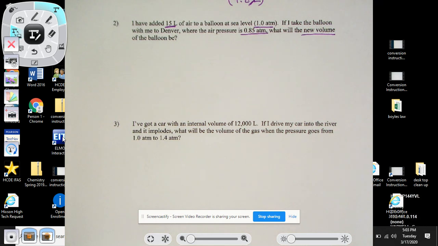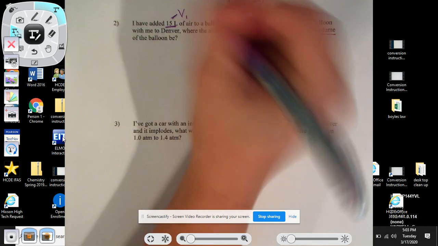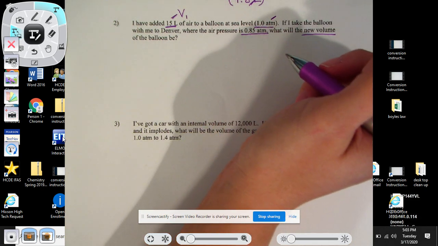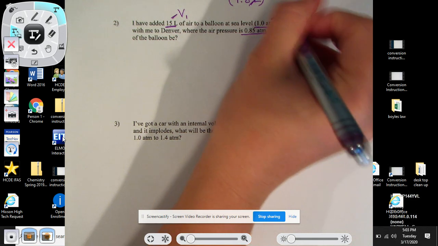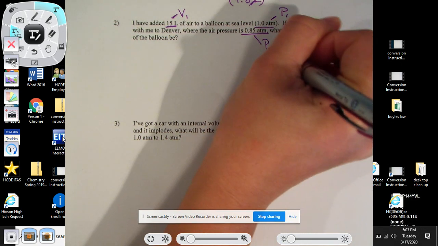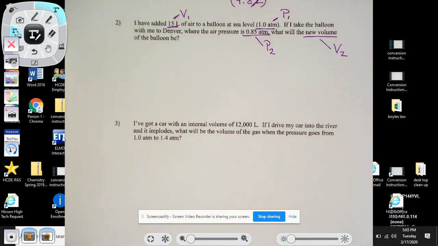So in this, 15 liters is our first volume given, it's V1. It says that it is at sea level, which is 1 atmosphere, that is P1. And they're taking it to a new pressure, so that's your P2, and they're looking for V2.